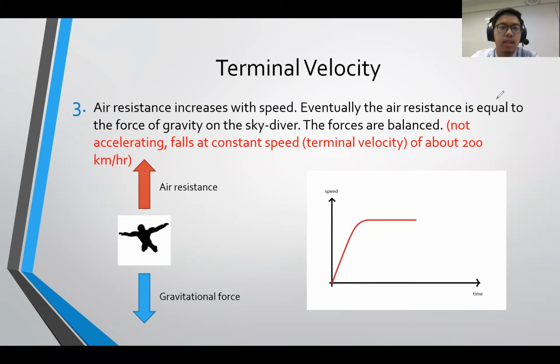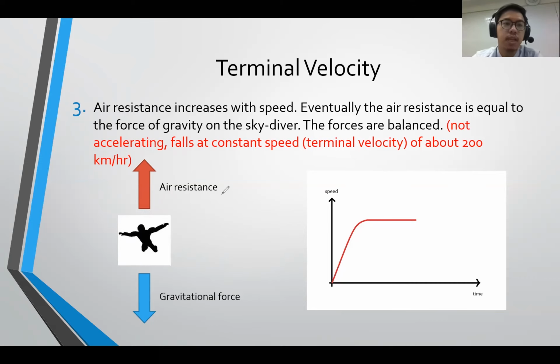And then what happens next? Like I said, you are still falling faster and faster. Air resistance is initially very small, but as you fall faster, it will slowly increase until the size of the air resistance is equal to the size of the gravitational force. When they are equal, they cancel out each other and you will no longer have acceleration.